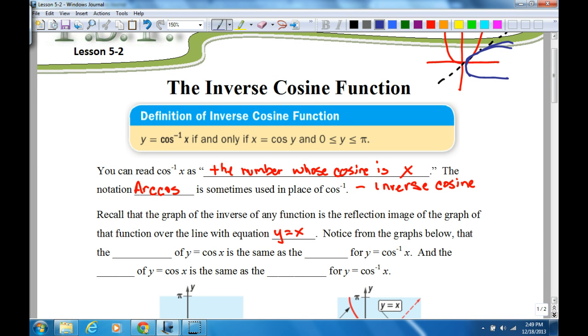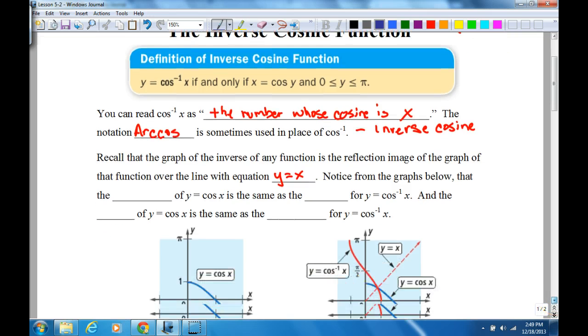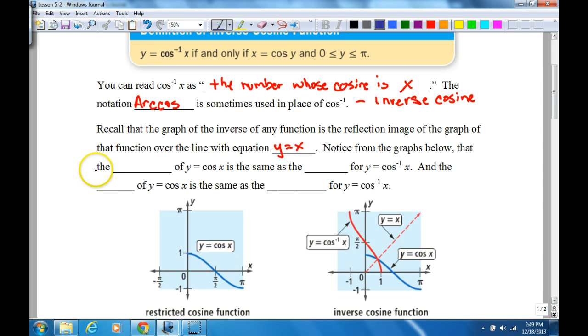Okay? So notice from the graphs below that the domain of y equals cosine x is the same as the range for the inverse of it. So here's our original. And notice that when I've reflected the line, the red one is the inverse of it.